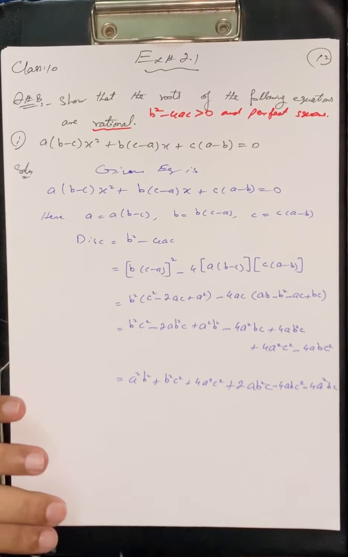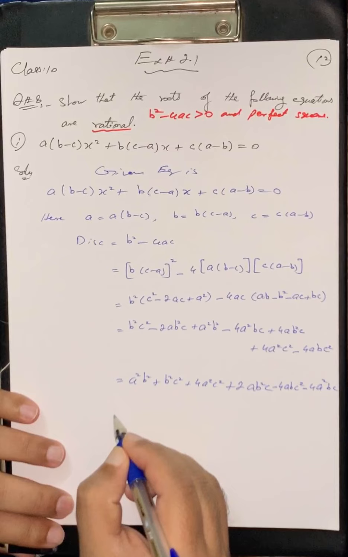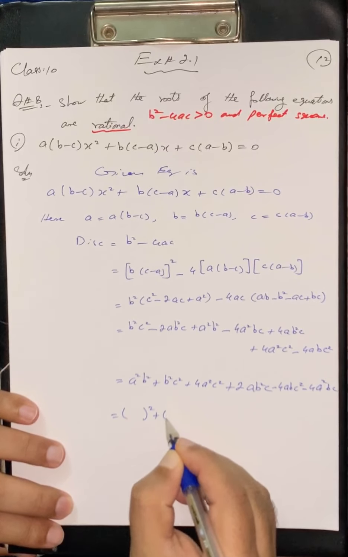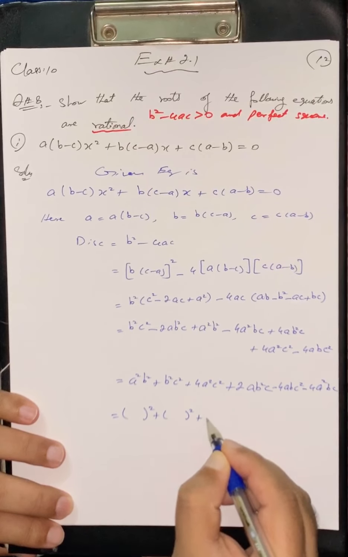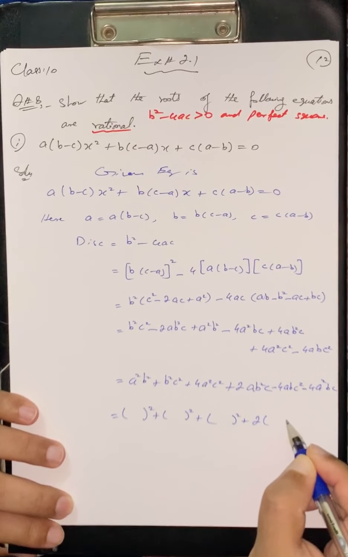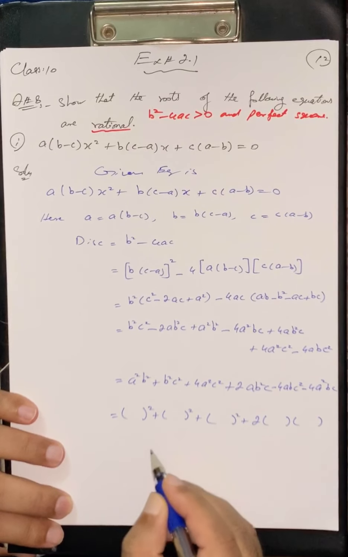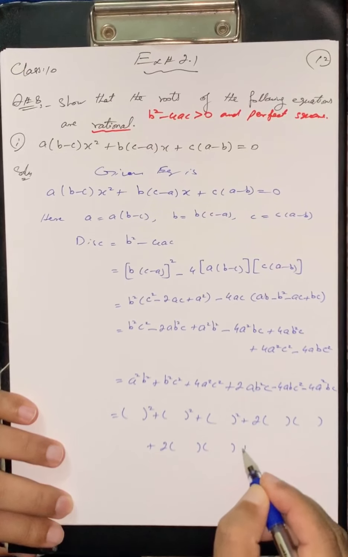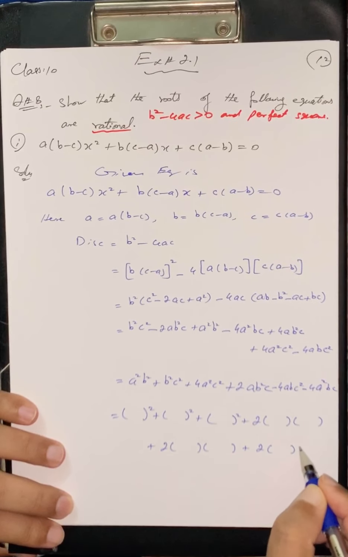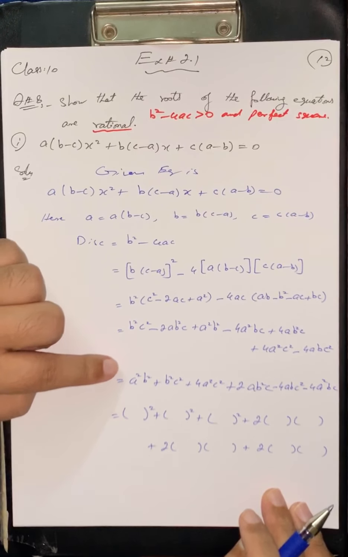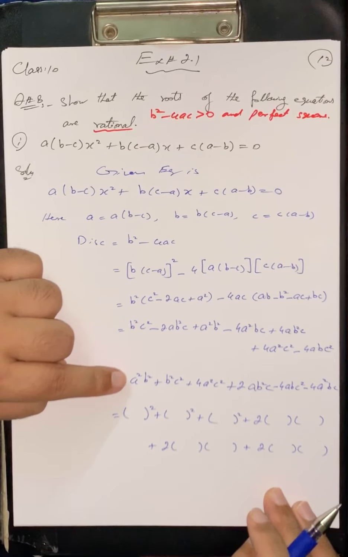Listen carefully, this step is very important. a square plus b square plus c square plus 2ab plus 2bc plus 2ac. This is my formula. Now I go to adjust the values inside. What is that?